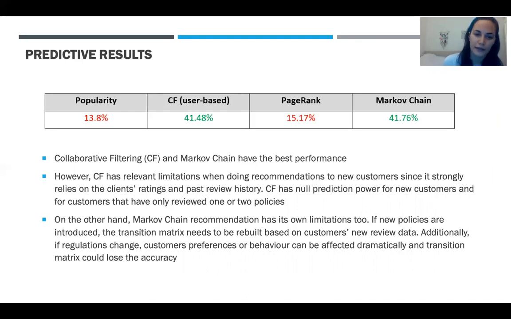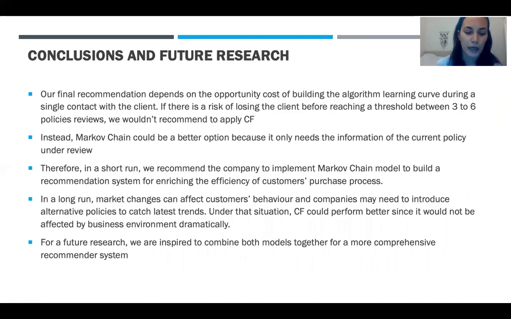On the other hand, Markov chain is limited when new policies are introduced or when regulations change, because in that case, the transition matrix needs to be rebuilt based on the customers' new review data. So based on the performance and limitations, our final recommendation would depend on the opportunity cost of building the algorithm learning curve during a single contact with the client.